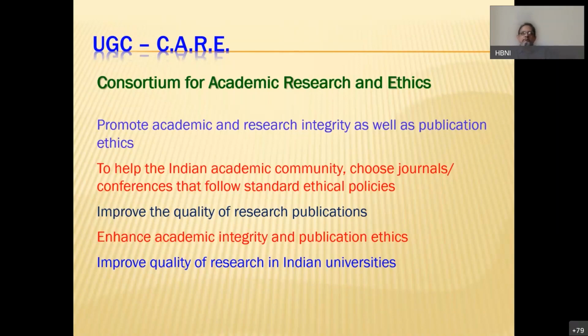This has arisen mainly because in recent times, apart from the standard international and national journals, which are fairly well established and are known to follow certain ethical policies, there has been a fresh crop of journals which are termed as predatory journals. And the aim of these journals is not, you see, what is the aim of a journal?